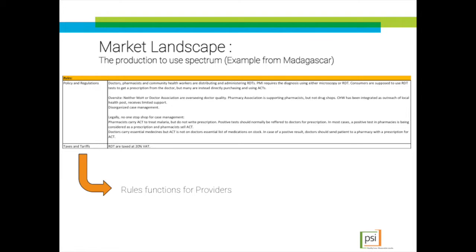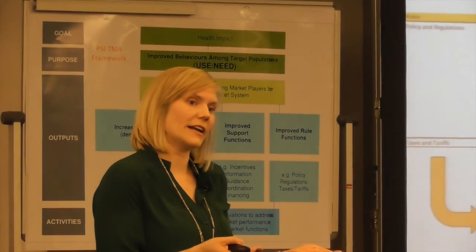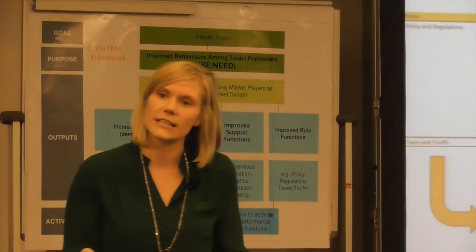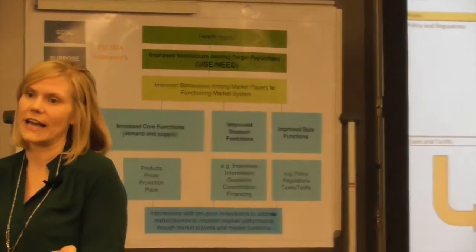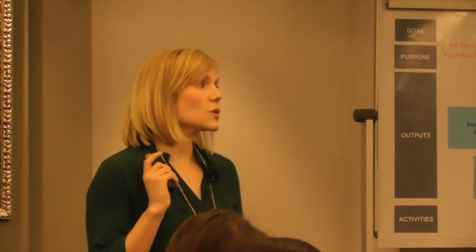There's a policy that happens in a lot of West African countries, in fact, around who can distribute ACTs versus who can do testing. And it's a complexity in the health system in Madagascar and in many countries that if we don't understand that, we're never going to increase access, we're never going to increase use as a percentage of need. So it's very important to understand that. Great. So that's the theory and the process.